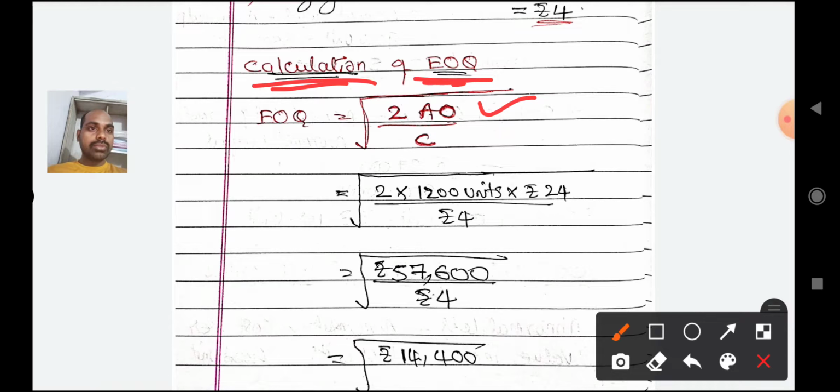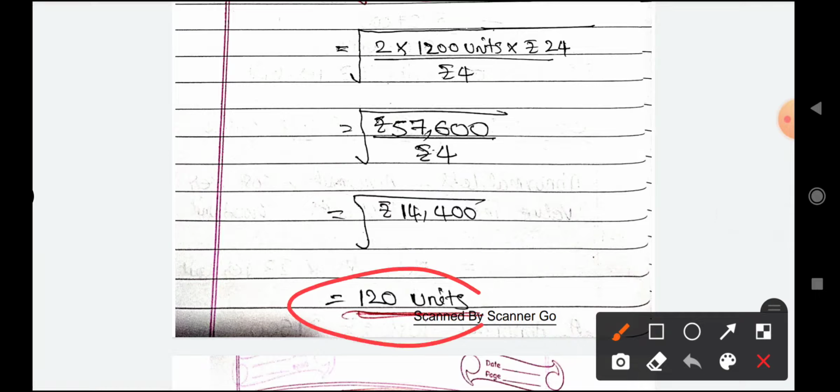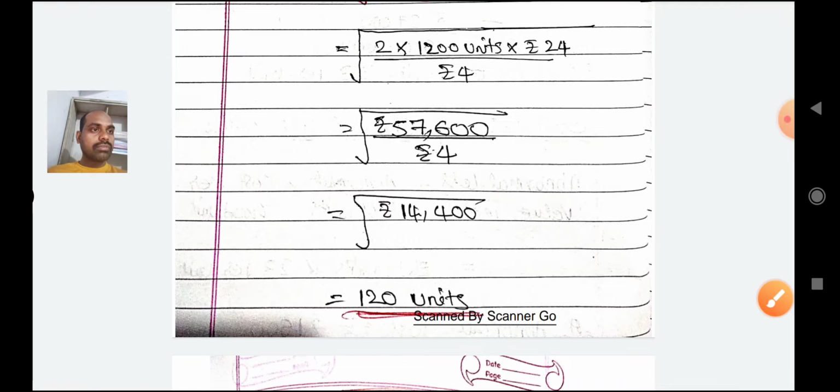So under root 2AO by C. So 2 into 1200 units A, rupees 24 O, divided by carrying cost rupees 4. So it will be under root 57,600 divided by 4. It will be 14,400. If you root 14,400, you will get 120 units as your EOQ. Here ends the EOQ.